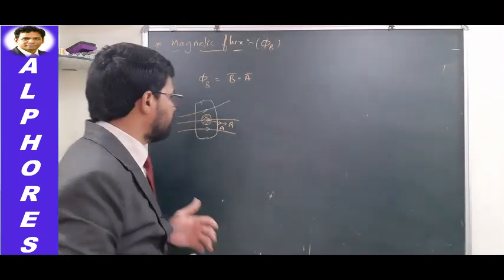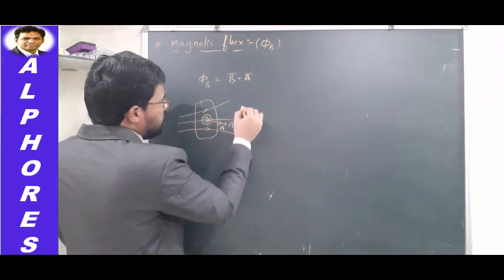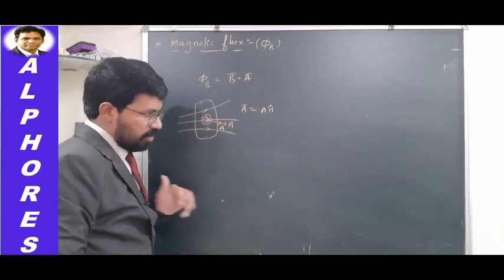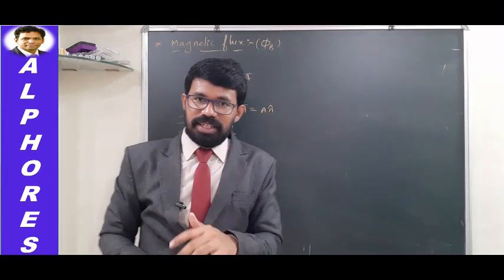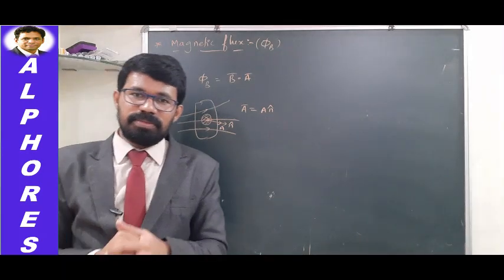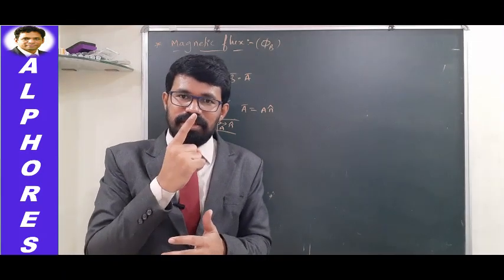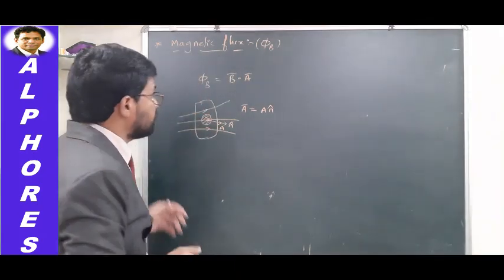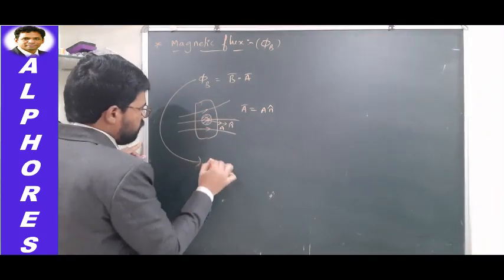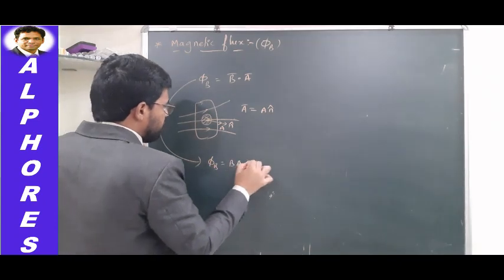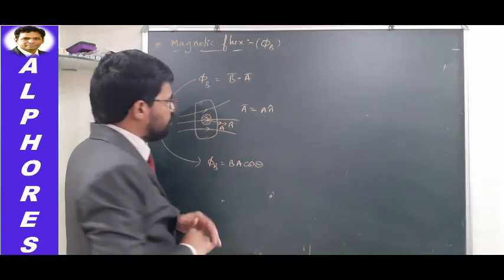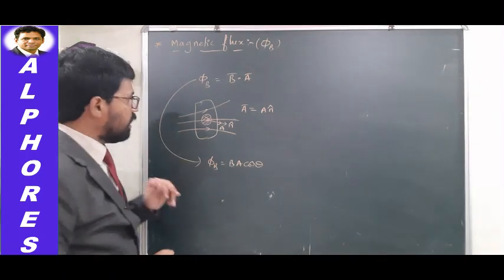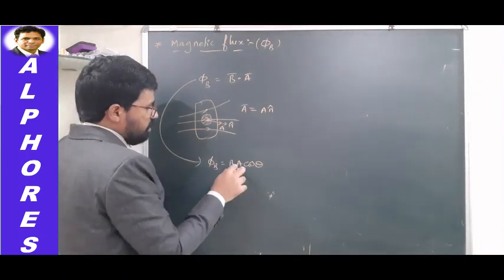Along the normal, the area vector's direction exists. So this area vector A bar can be written as A n cap. Very particularly, this is written as n cap because I want you to remember this point: whenever we deal with area vector, it is always considered normal to the surface. And this can be further written as BA cos theta, the magnetic flux.